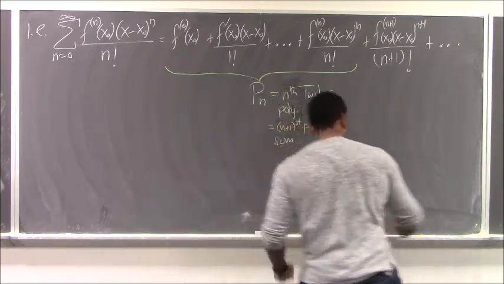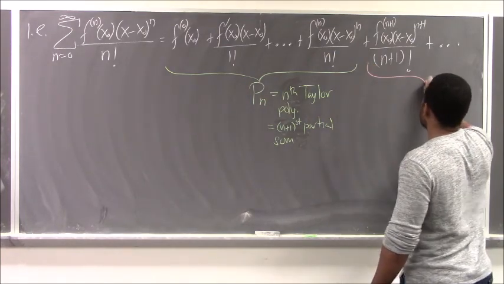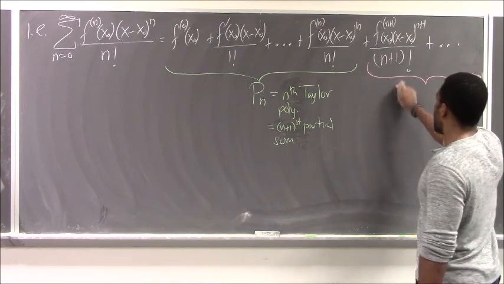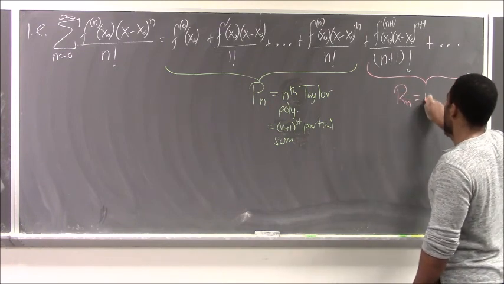And the tail, pretty much everyone else going on forever to infinity, that guy we call r sub n, the nth remainder term.